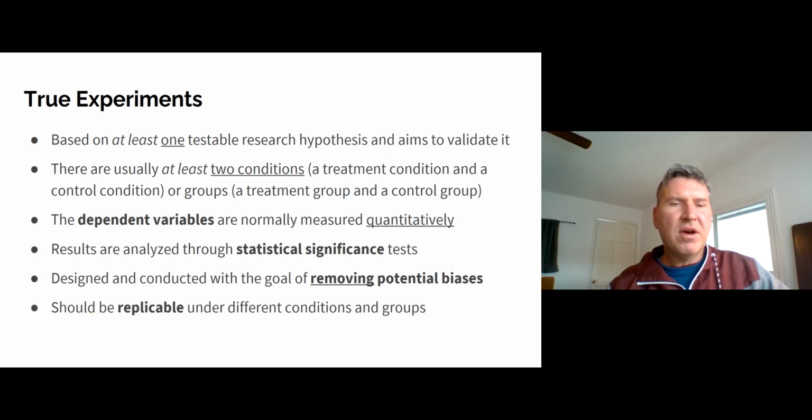So they should also be replicable, meaning we could replicate it under different conditions and groups. So if I conduct an experiment and I provide enough detail in terms of what I've done, someone somewhere else should be able to repeat using the same steps and receive a similar outcome from the same experiment.